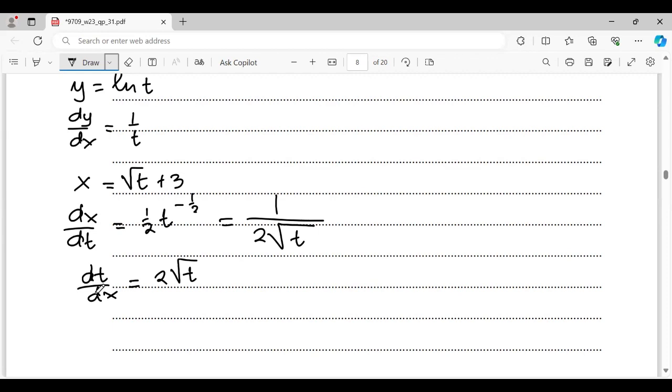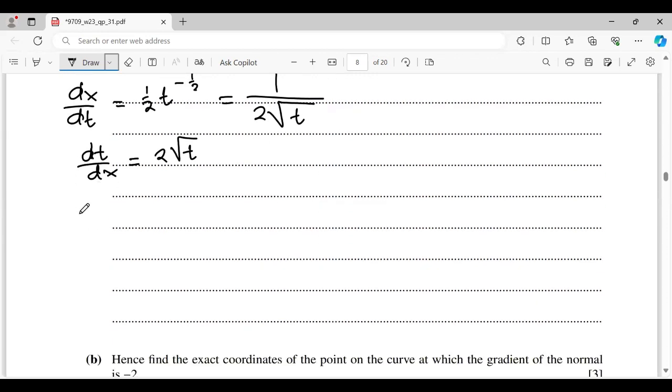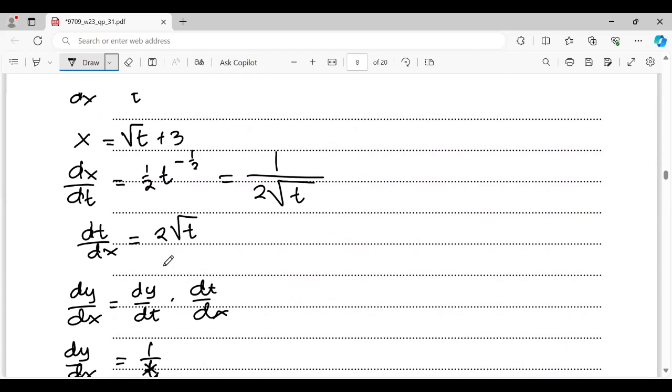So dy dx equals dy dt times dt over dx. dy dt is 1 over t, let me check first.